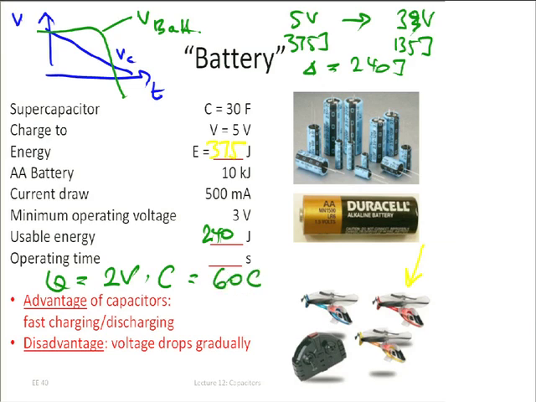And we have to divide this now, Q over I, is equal to 60 Coulomb over half an amp. That's 120 seconds, right? So it's 120 seconds. All right, that's how long we can run this thing.